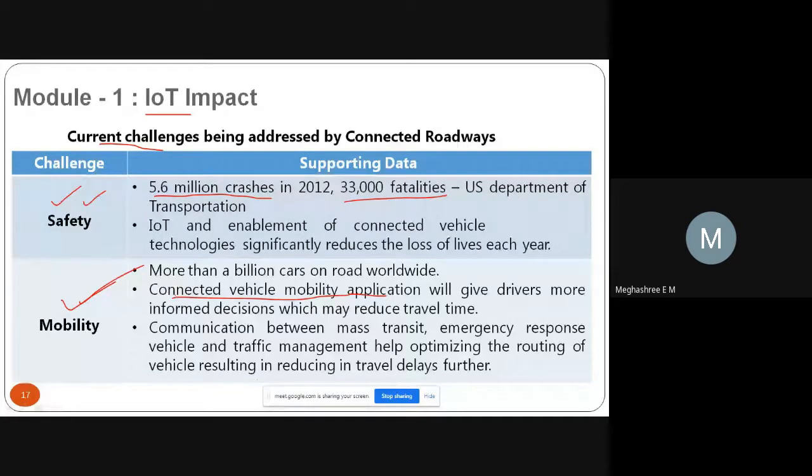With respect to that, the connected vehicle mobility application will give drivers more informed decisions, which may reduce the travel time. Another thing is that communication between mass transit, emergency response vehicles and traffic management helps optimize the routing of vehicles, resulting in reduced travel delays further. So connected roadways also address the mobility challenge.